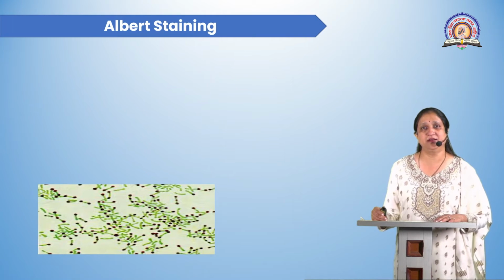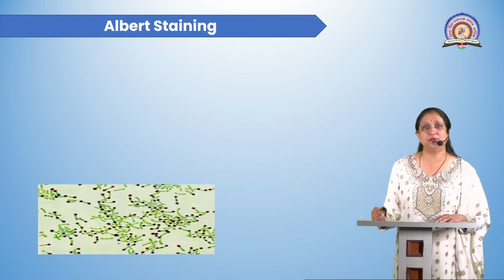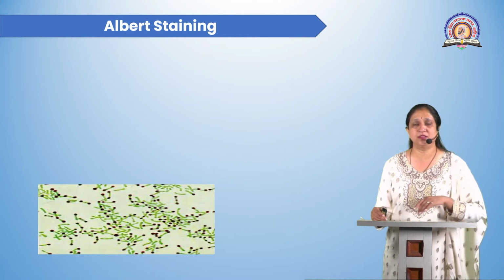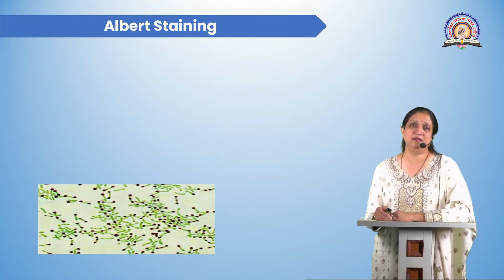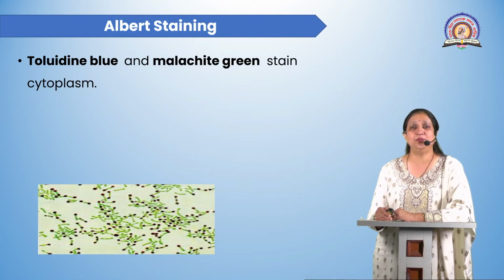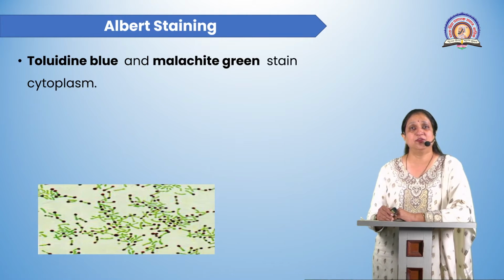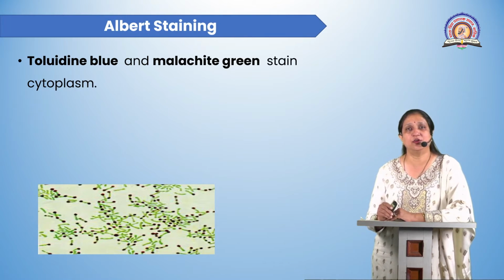These metachromatic granules can be easily stained and observed by Albert's staining method. Albert was the scientist who devised a method to stain the metachromatic granules, and the staining method uses a mixture of two stains, that is toluidine blue and malachite green. Both of these stains are basic stains, and therefore they have a very high affinity for the acidic components of the bacterial cell.